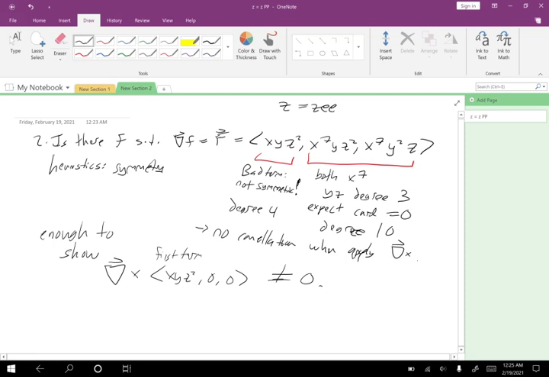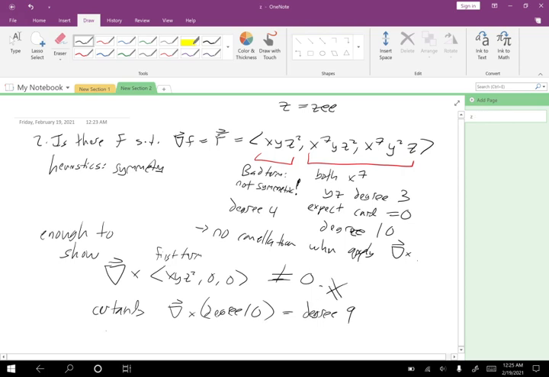Certainly, the curl of a degree 10 term will be degree 9, so you'll get some 9th order polynomial, and it cannot be equal to that.